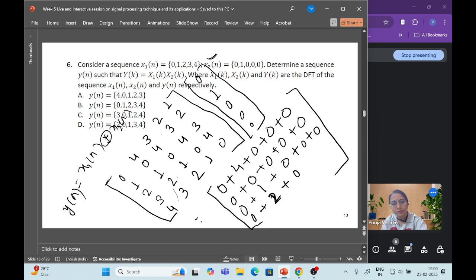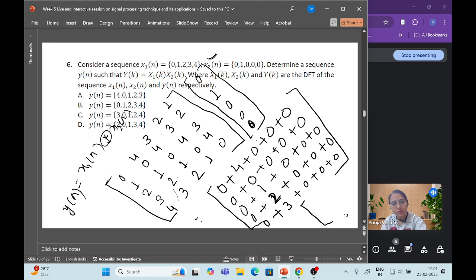Now the next three values are 0. Now multiply the last row with this column: 0 plus 3 into 1, 3. Again all these values are 0.